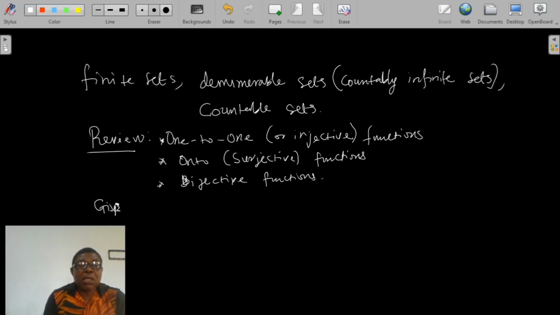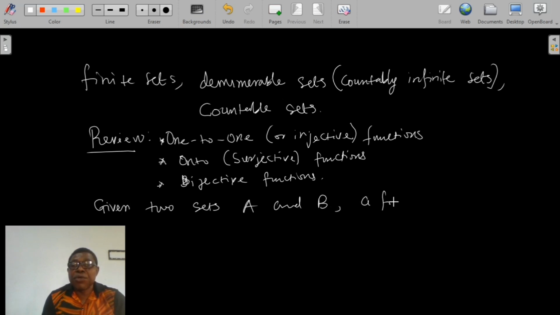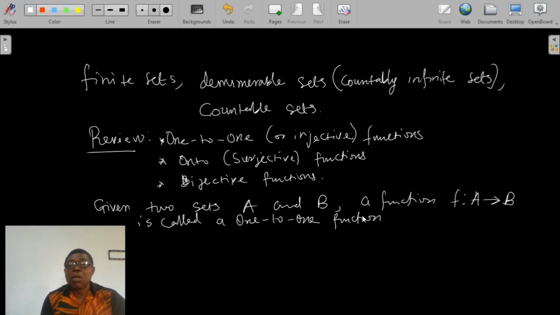Now let us start as follows. Given two sets, say A and B, a function f from A to B is called a one-to-one function. Remember, one-to-one function is also known as injective function.